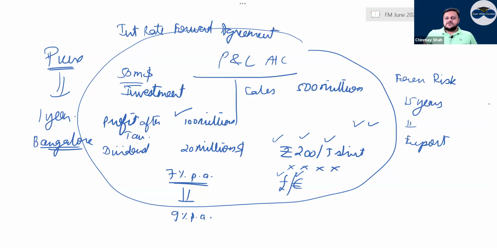Make sense? That is your interest rate risk management. Generally we'll talk about this only, that you need money or you are going to invest money after 6 months, something of that sort, and there is an interest rate risk which needs to be managed. Done. Your Pune, Bangalore, all factories done.